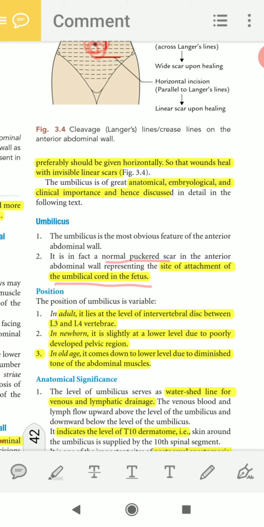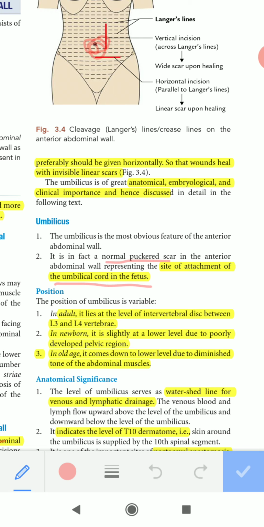Now what is the importance of the umbilicus? The umbilicus has great importance from the anatomical, embryological and clinical points of view. We will learn about each of these.